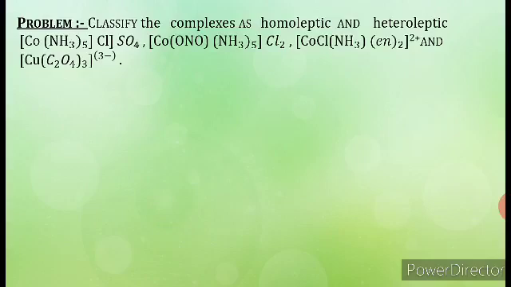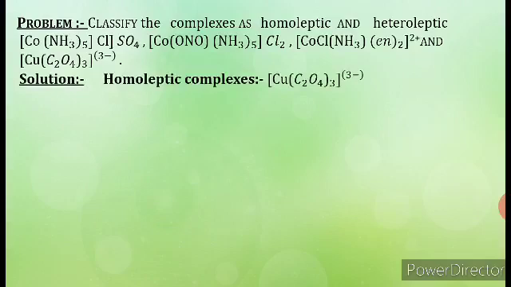So see over here, out of these four complexes, only this last one is homoleptic, because in it only one type of ligand is attached to the central metal atom or ion. It should be trioxalatocobalt(III) ion.